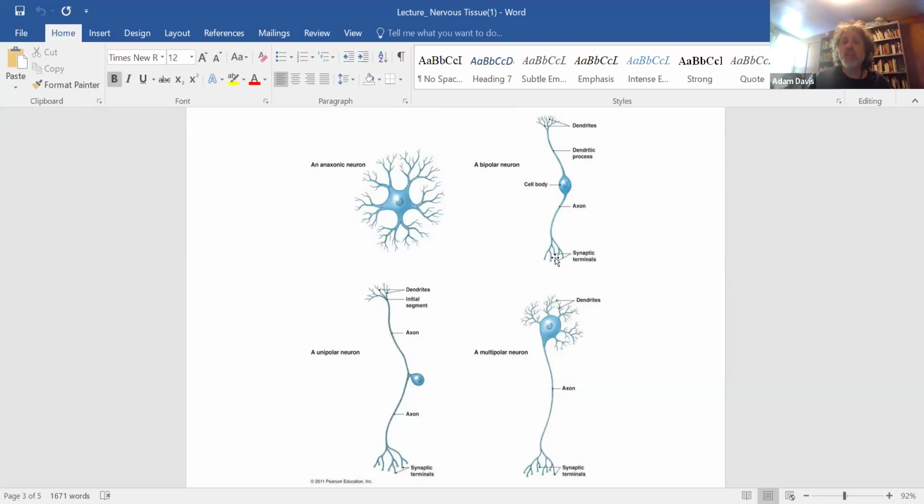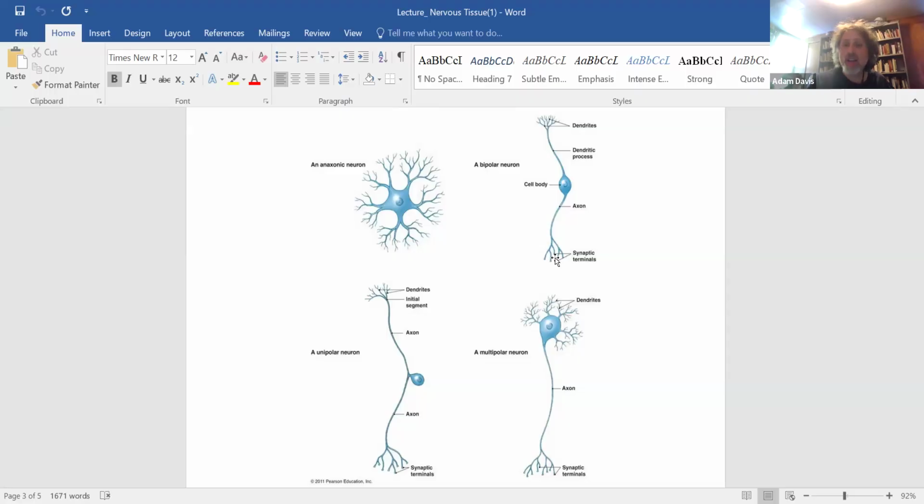The bipolar neurons are really only associated with certain specialized nerve fibers attached to the special senses. Bipolar neurons are associated with some nerve fibers involving the olfactory membranes, that is, involving transmitting data from the sense of smell to the brain.